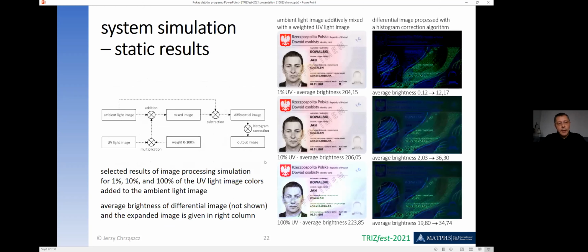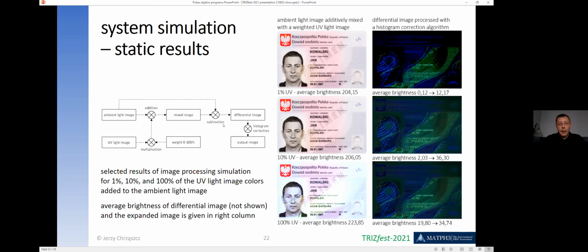This processing scenario is a bit more complicated. We start with mixing additively a weighted UV light image with an ambient light image, which mimics image acquisition in strong ambient light with addition of different shares of weak UV light.